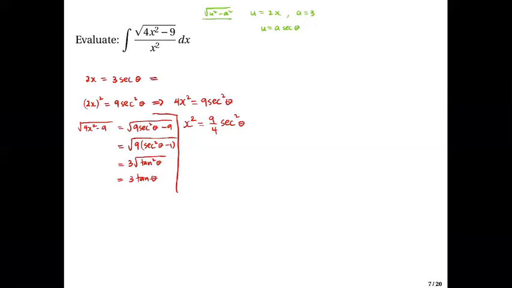From here, we have 2 dx equals 3 derivative of secant theta. That's secant theta tangent theta d theta.